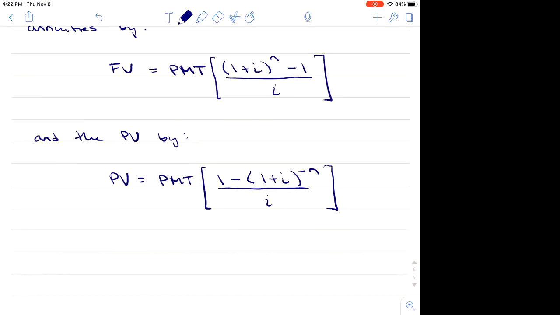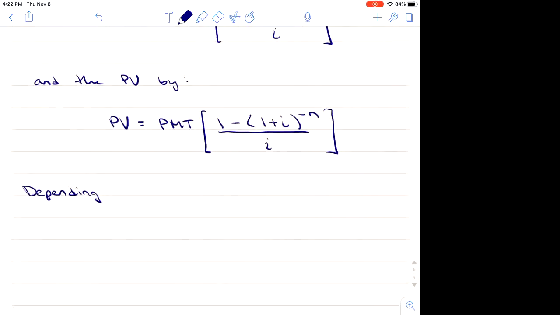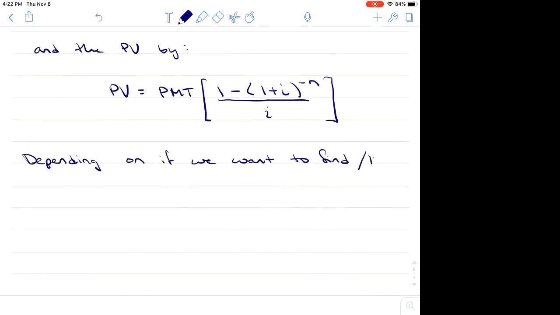Future value, we're increasing in value. Present value, we're decreasing in value. So, depending on if we want to find the future value or the present value, there are some scenarios where we know the future value and we want to know the payment amount, for example.